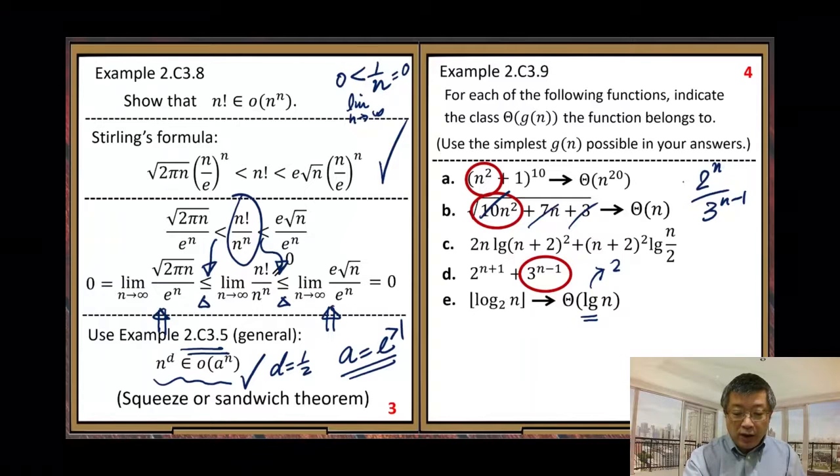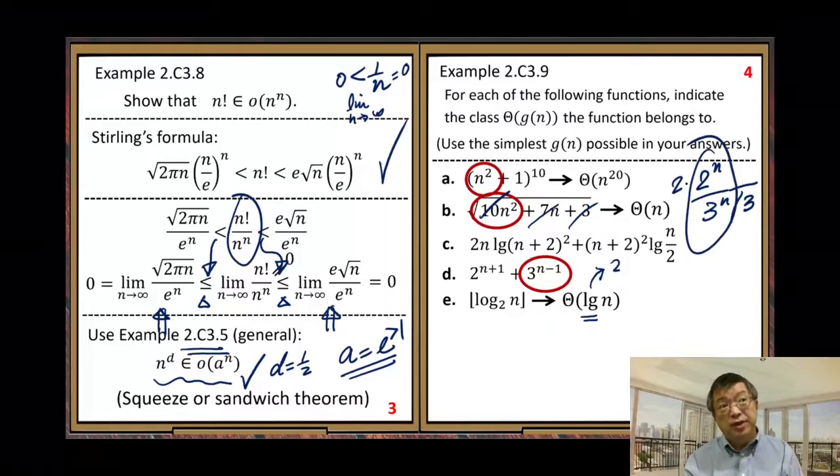2 to the n plus 1 can be written as 2 times 2 to the n, right? And 3 to the n minus 1 can be written as 3 to the n divided by 3, right? So finally, you only need to consider this ratio, and its limit is 0. So the base 3 exponential function dominates the base 2 exponential function.